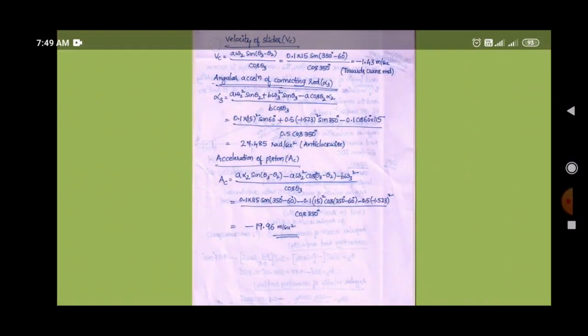Till now we have solved some 6 problems, which are given in the textbook as well as came in the previous question paper, on inline slider crank mechanism. In the next class I am going to solve the problems on offset slider crank mechanism by giving the list of formulas.